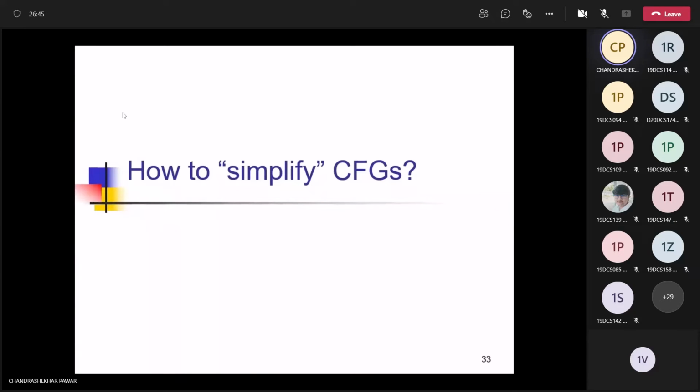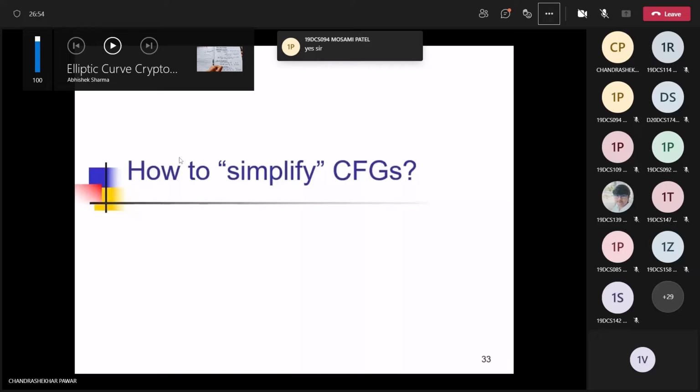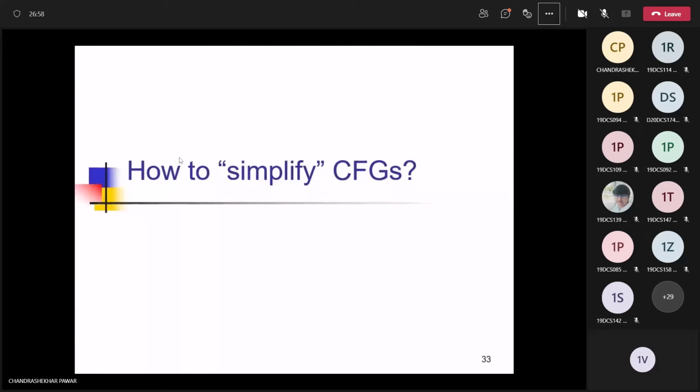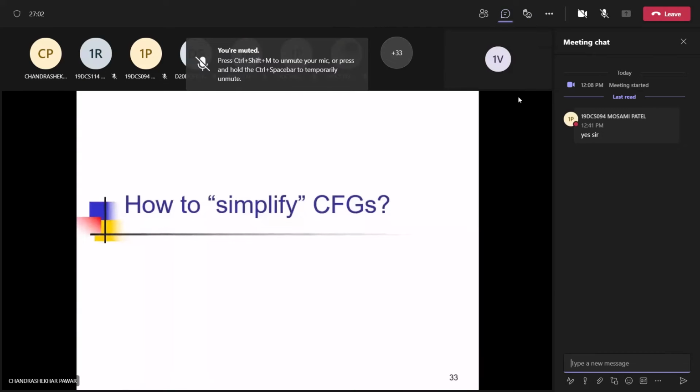So students, we have started with the simplification of context-free grammar. Related with this topic, which point we have discussed in the last session? How we can simplify the context-free grammar?